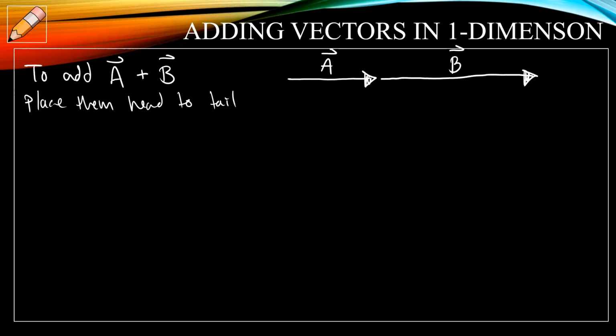Whenever you add two vectors, you get a new vector, and that is called the resultant. So the sum of two vectors is called the resultant.